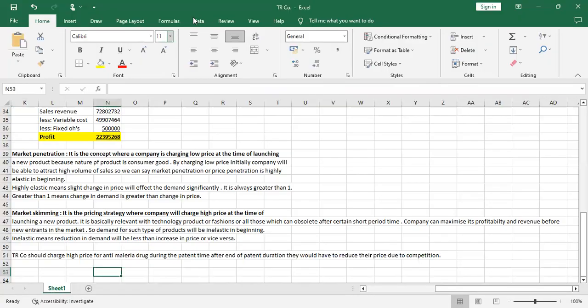Why should they charge high prices? Because they have incurred millions of dollars on the research. So they can recover their research cost by charging high prices at the beginning.